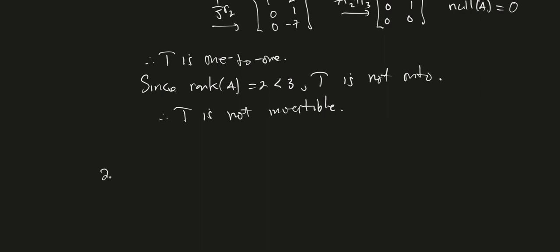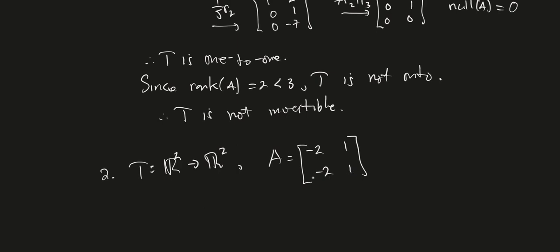All right, let's look at another example here. So let's say this is a transformation that goes from R2 to R2. And let's say the standard matrix is -2, 1, and then -2, 1, like that, right? Well, it's not hard to see what's going to happen here, right?